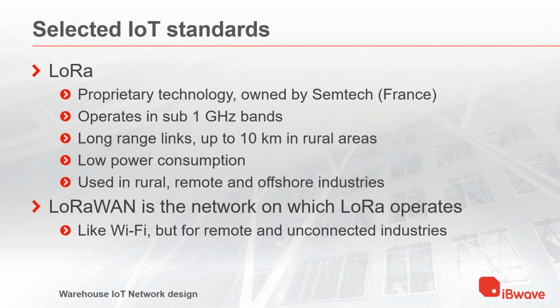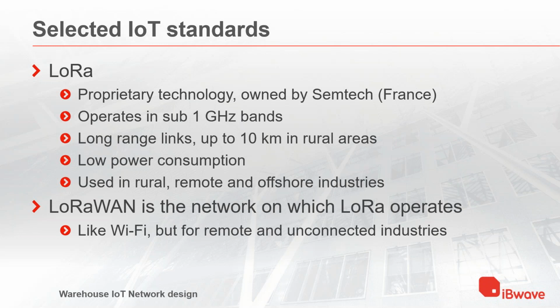At this point, I need to point out why LoRa became so popular for those remote and unconnected industries. Namely, the data rate for LoRa devices is very low, on the order of a kilobit per second, and it uses very narrow RF channels.